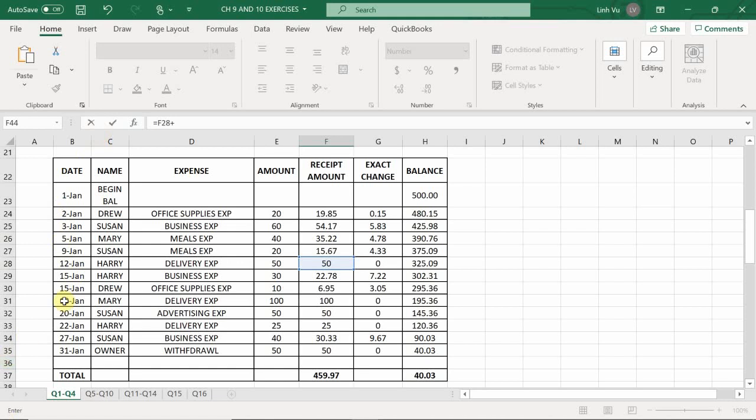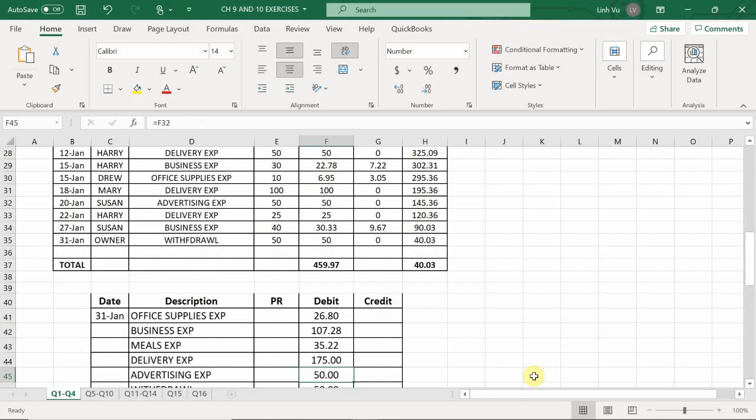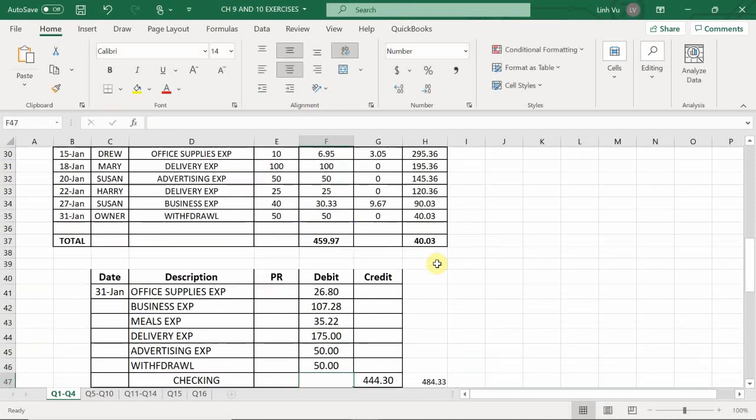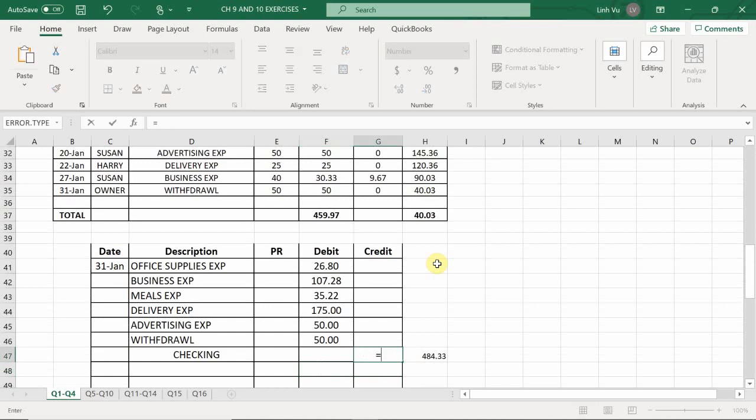Okay. Plus delivery expenses right here for $100. Plus we borrowed another delivery expense for $25 to give you $175. Okay, advertising expense was for $50. And again, we borrowed money for $50.